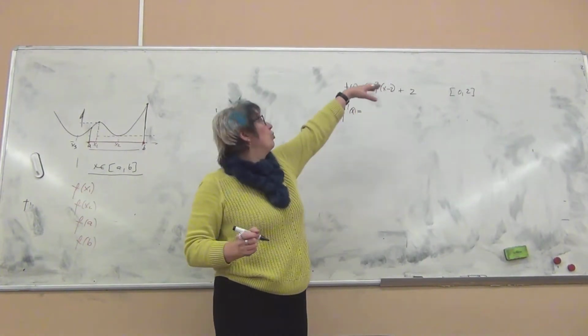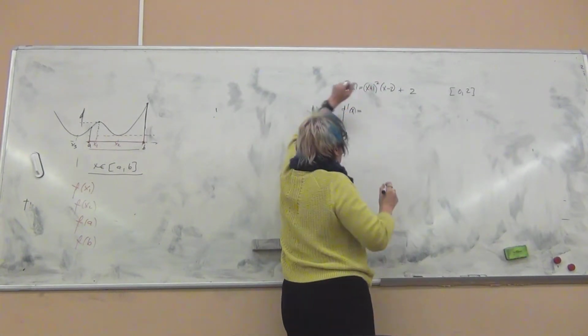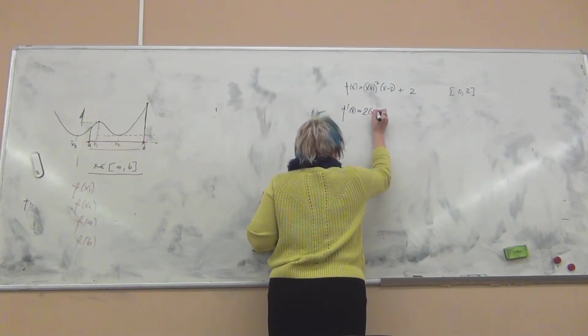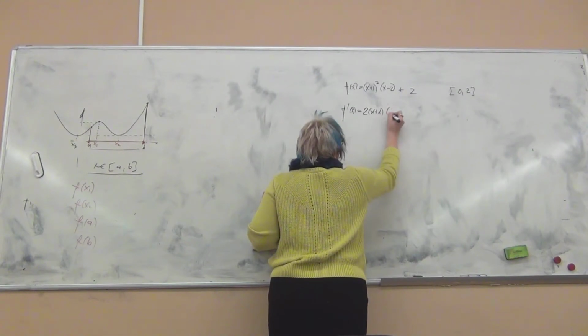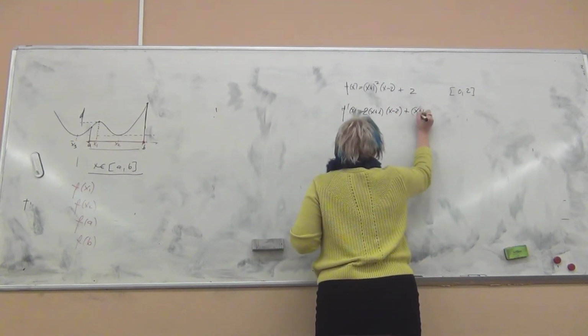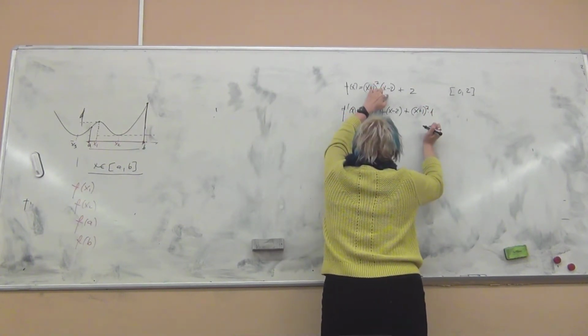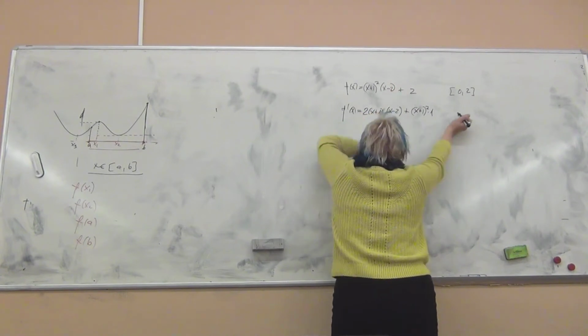And for product rule, we have more or less a chain rule. So (x plus 1) squared derived is 2 times (x plus 1) times 1 times (x minus 2), plus (x plus 1) squared not derived times 1 times this one derived. And 2 derivative is 0.